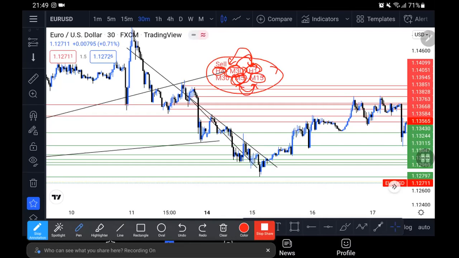So the point is, whenever we are taking our entry, there should be a break of bias after that. If there is no break of bias, say we took entry at the miss and it didn't break our bias, then we have the info that there is not enough momentum, and maybe we can take the buy.